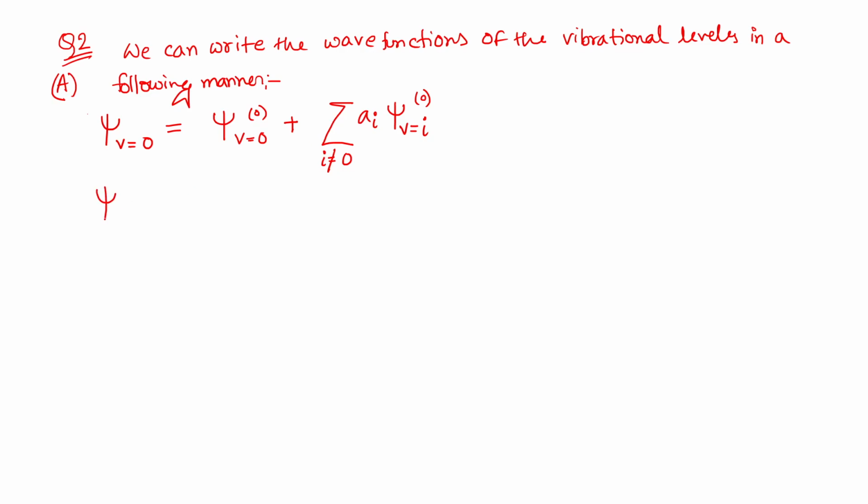Similarly, the perturbed wave function for v equals 1 can be written as the unperturbed wave function with, suppose now it is not i but j not equal to 1, the other unperturbed wave functions, and their coefficient is bj. And what can we write about v equals 2?